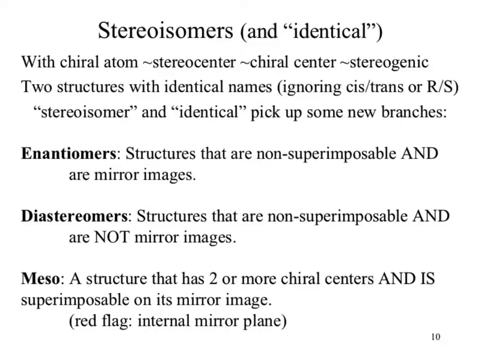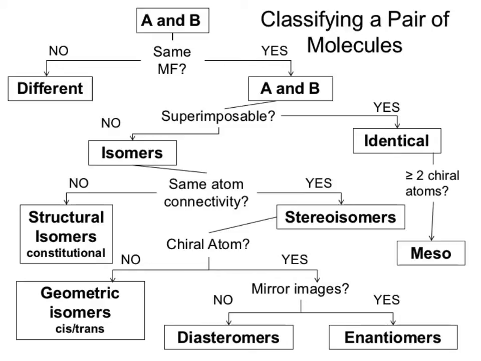Because they have those chiral atoms, we won't call them identical anymore, we call them meso. Okay? The meso compounds, the big red flag is an internal mirror plane if you found chiral atoms. Okay? Now we got the definitions, you'll be experts at it, right?